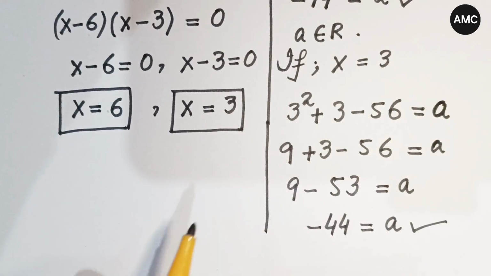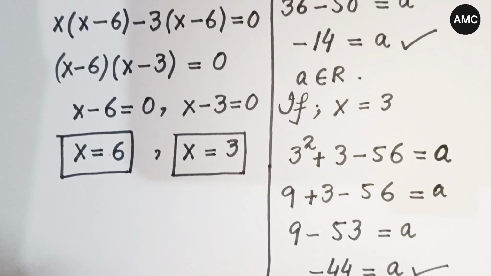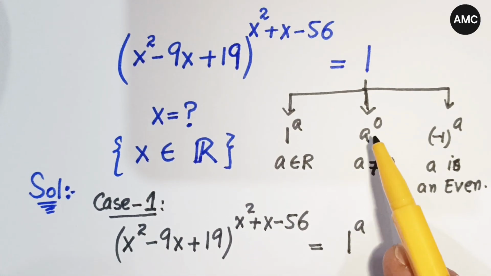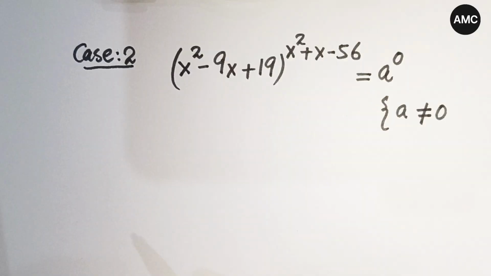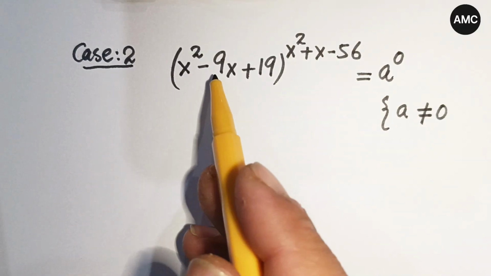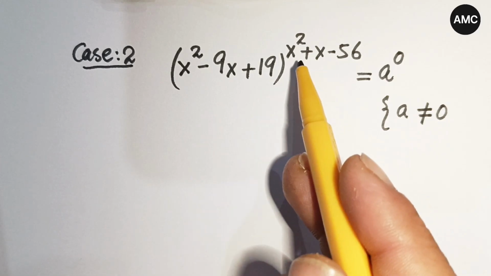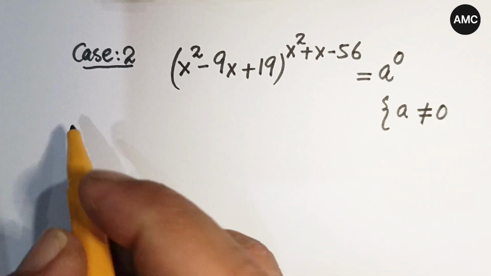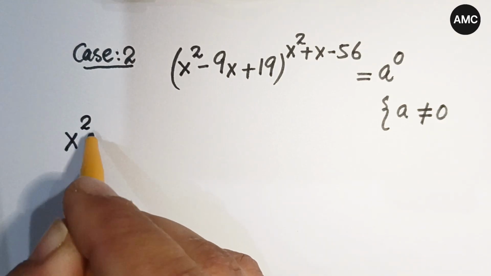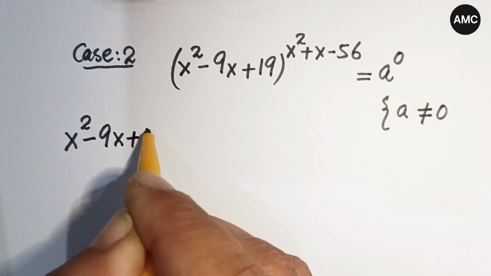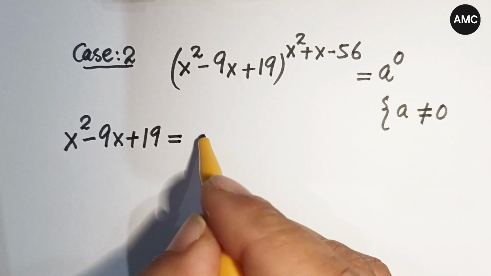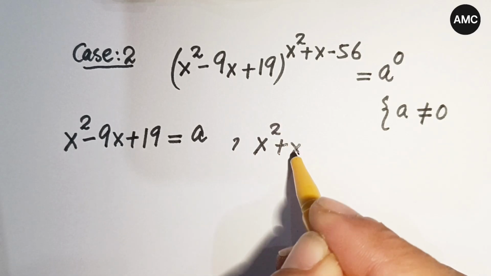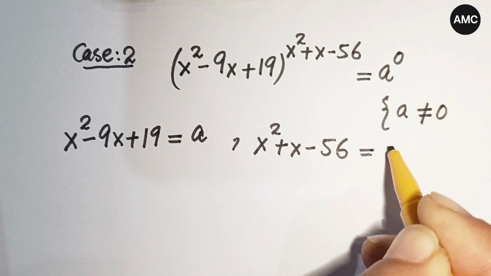Now we solve our case 2, where the expression is equal to a to the power 0. So (x² − 9x + 19)^(x² + x − 56) = a⁰. Again we have two equations: x² − 9x + 19 = a, and the exponents are equal, x² + x − 56 = 0.